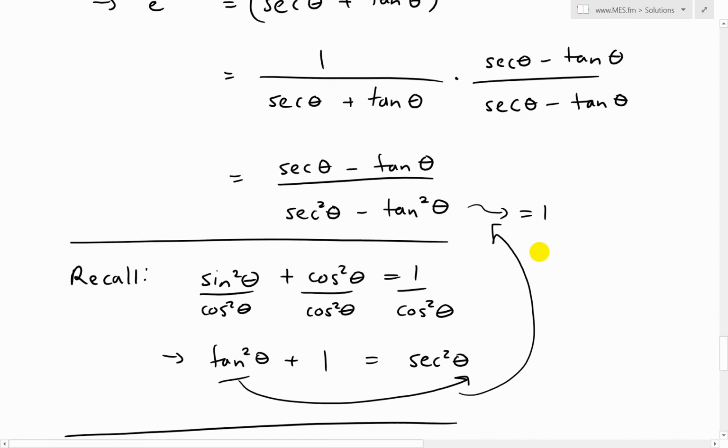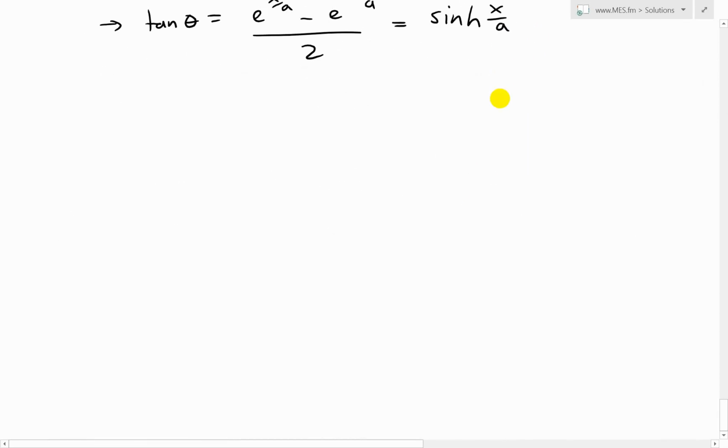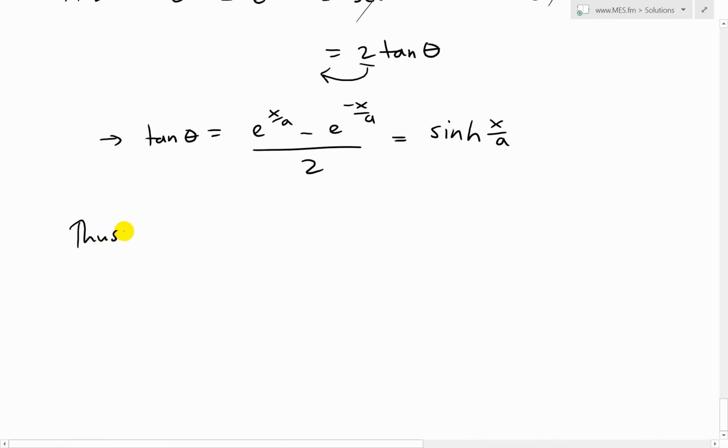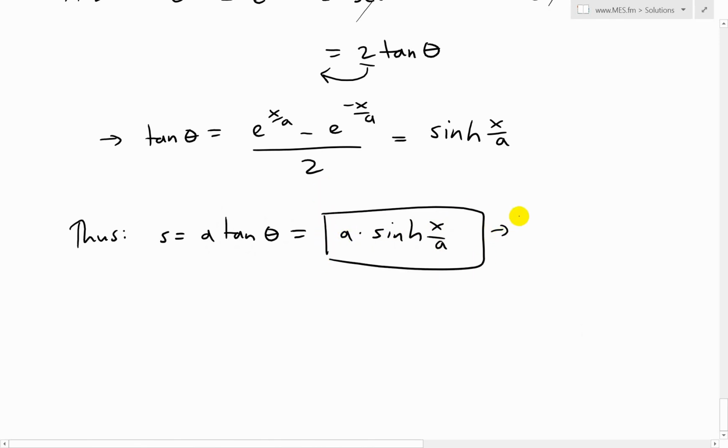So thus S equals a tan theta equals a sinh x over a, like that. Absolutely amazing. And this is the length of the line segment or cable from the starting point.